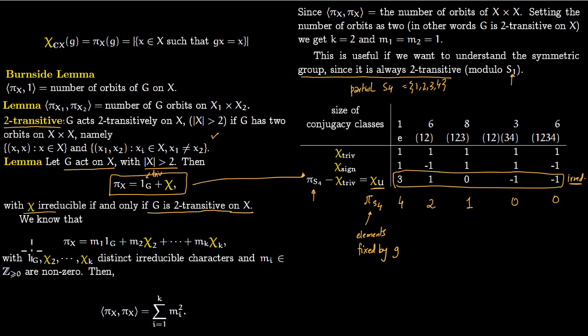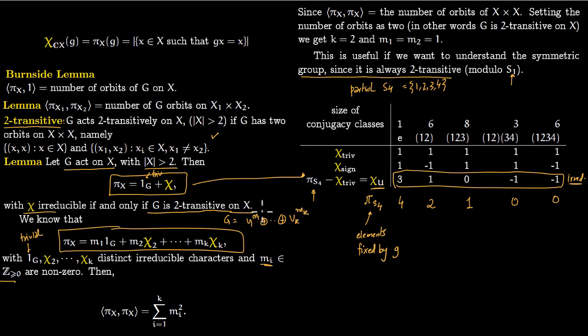So this is the trivial character, and these are the multiplicities mi, so they are positive integers. This we already know from the decomposition of our group G into whatever vector spaces we have, m1 v1 and so on up to mk vk.